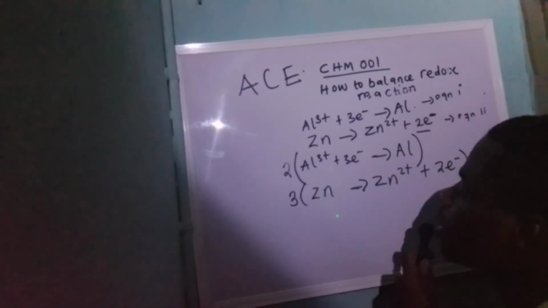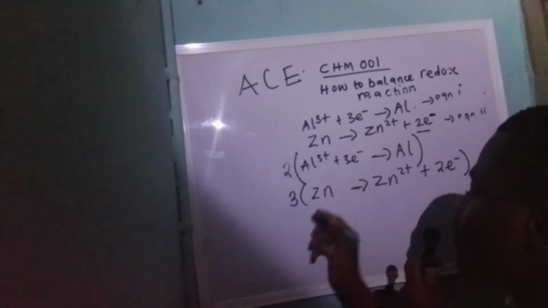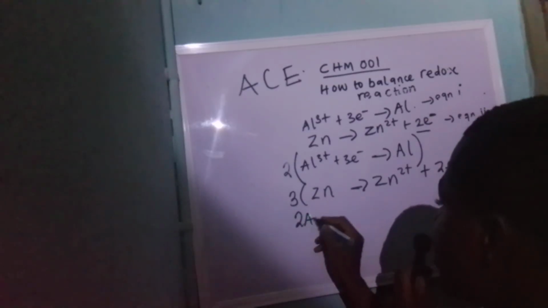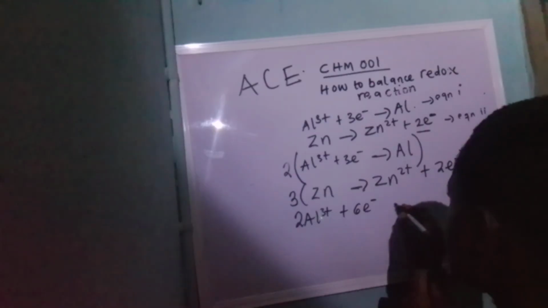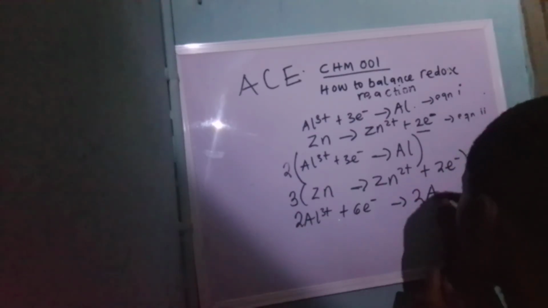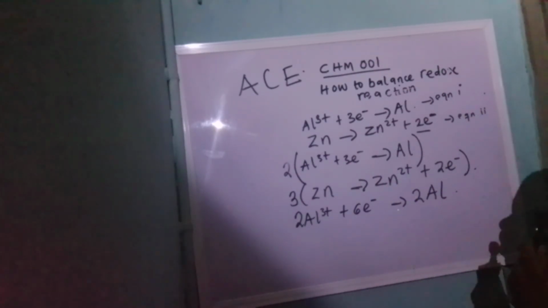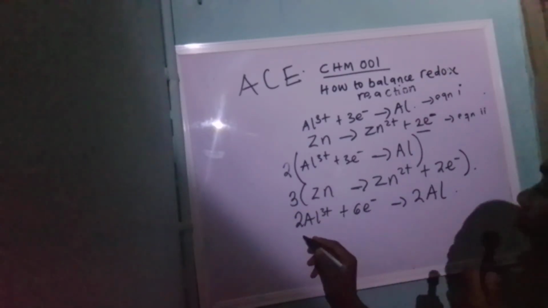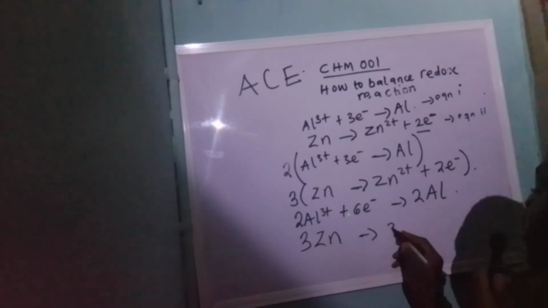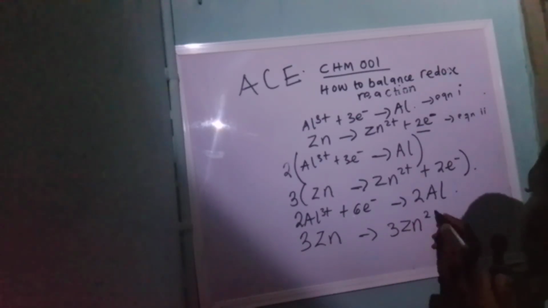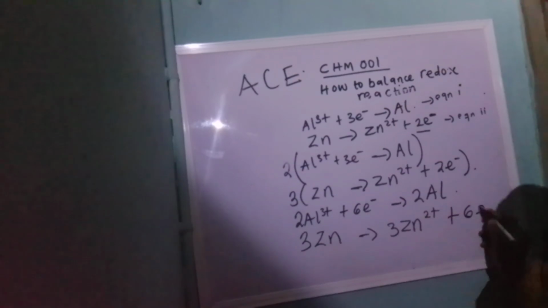When I use 2 to open the bracket, you have 2Al3+ plus 6e- to give me 2Al. The same thing applies to this one: 3Zn to give me 3Zn2+ plus 6e-.